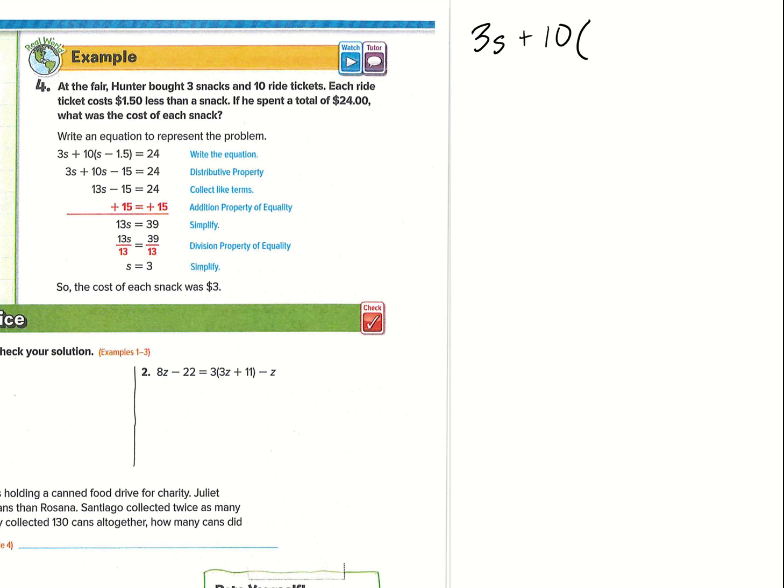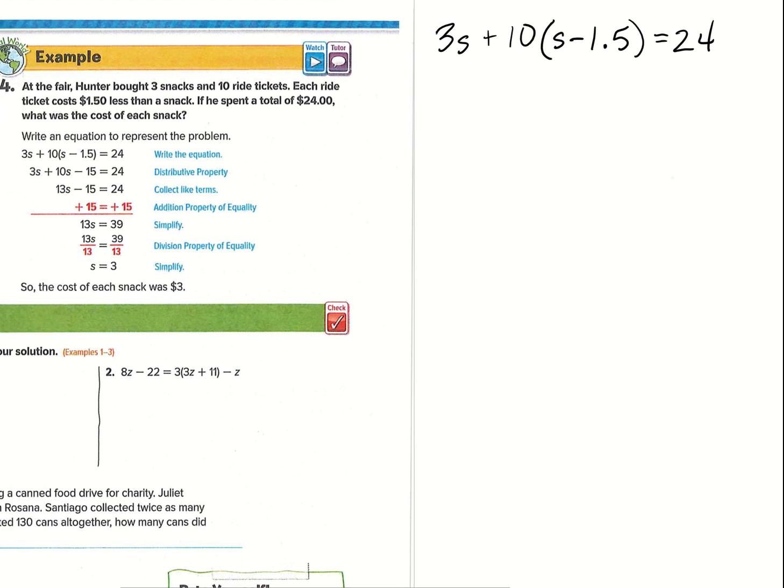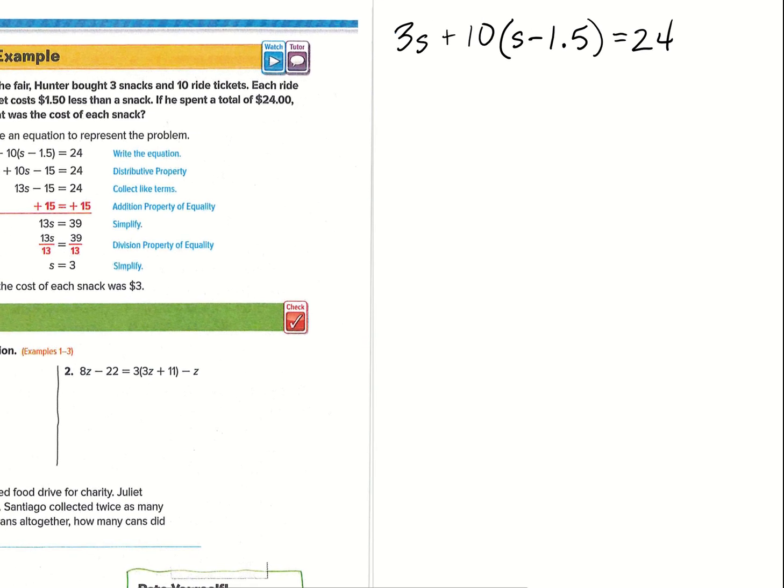They cost $1.50 less than a snack. So that's going to be S minus 1.5. If he spent $24, how much is a snack? That total there is 24. So we know that goes on the other side of the equal sign. All right, and now we just solve.